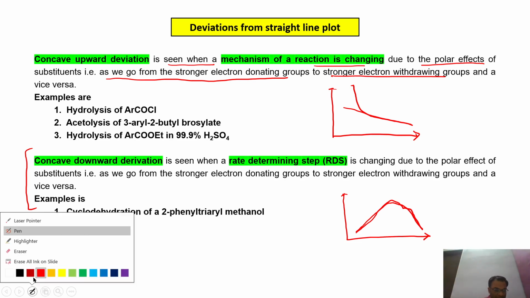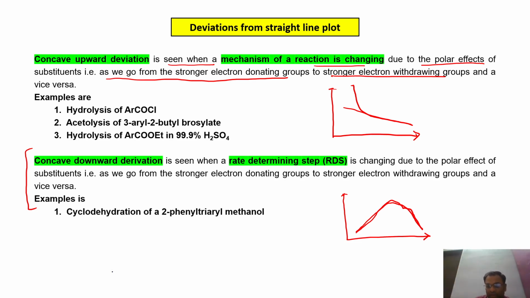So I am repeating again. Some reactions show a deviation from the straight line. This deviation may be either a concave upward deviation or a concave downward deviation.